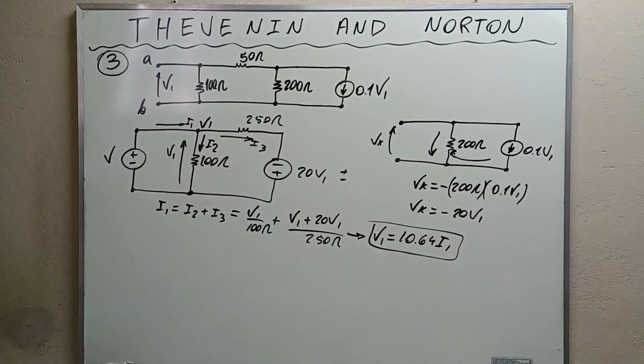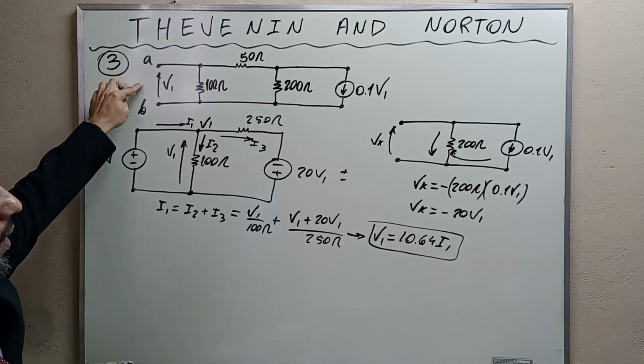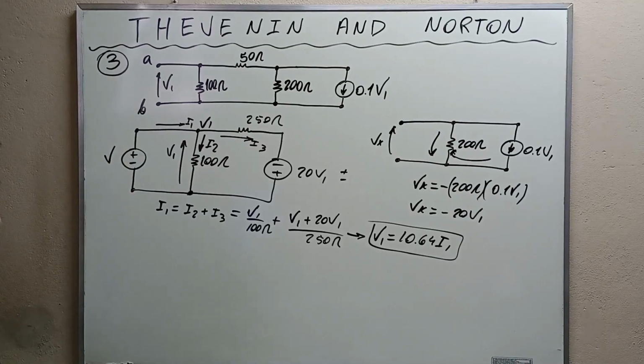This is the value of V1. V1 is the voltage here, and we are going to calculate now the equivalent resistance.